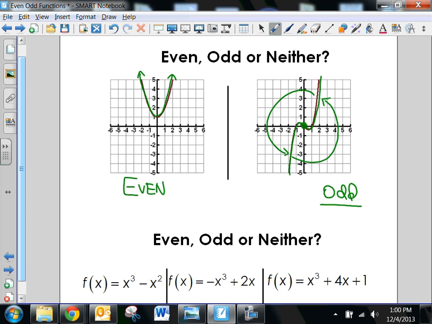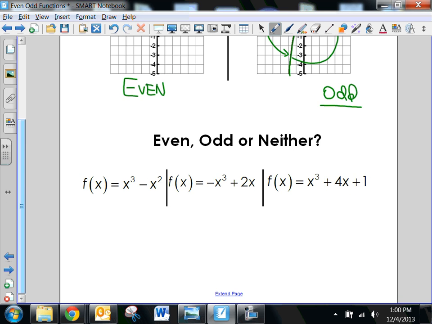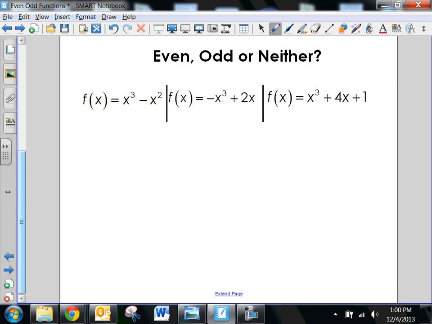Okay? And then down here at the bottom, it says even, odd, or neither, and it's asking us now algebraically, so we look at the exponents. This is an odd number, an even number. Since it's mixed, we say neither. This one right here is an odd exponent, and this is an imaginary one, so it's odd. So since they're both odd, we say it's odd.